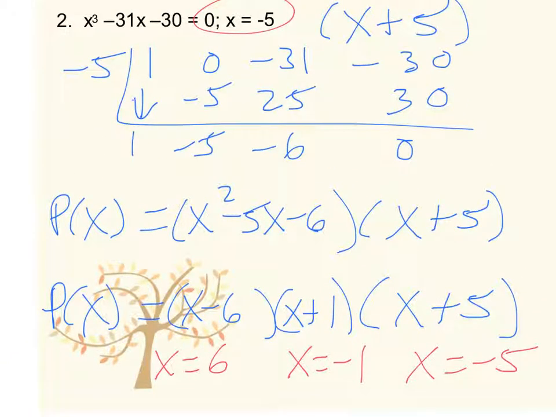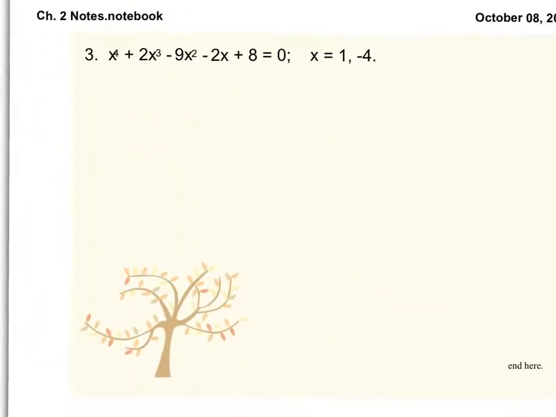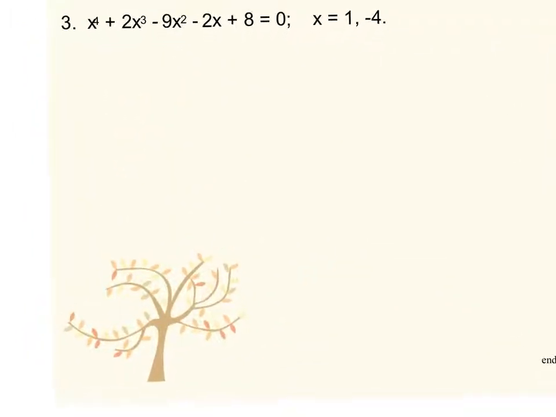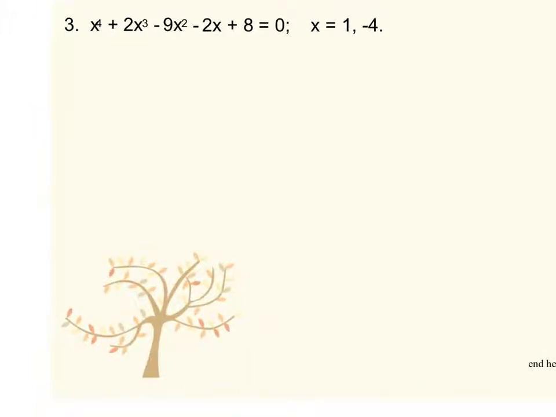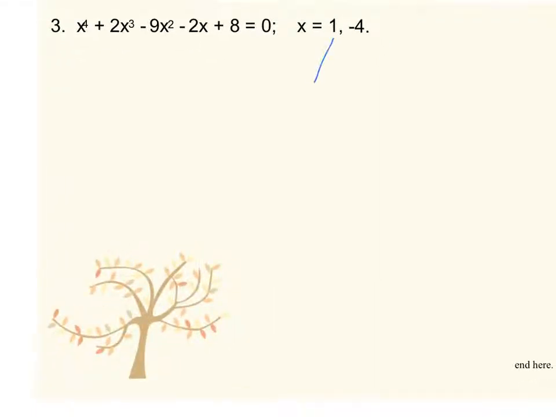Let's take a look at one. Notice what we have here. We have a 4th degree with 2 zeros, one that would imply that x minus 1 is a factor, and the other would imply that x plus 4 is a factor.